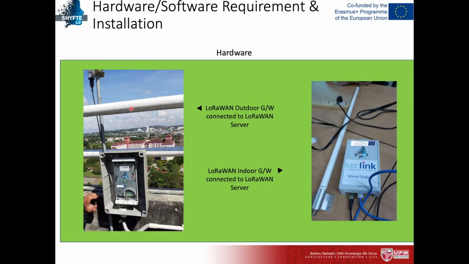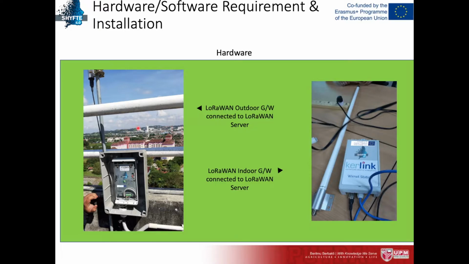But of course, if you have a blockage due to attenuation from trees or buildings, then the coverage will be limited to maybe around 1 or 2 kilometers. We can do some measurement, what we call a drive test or RF measurement, to ensure that the coverage is within the area that we want.